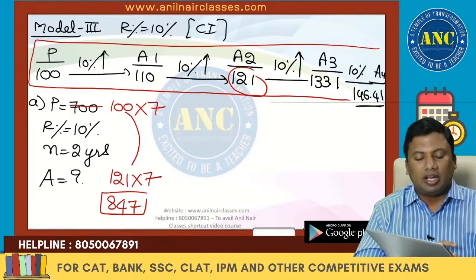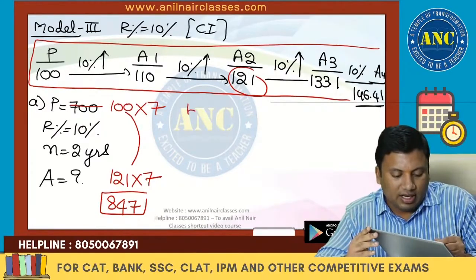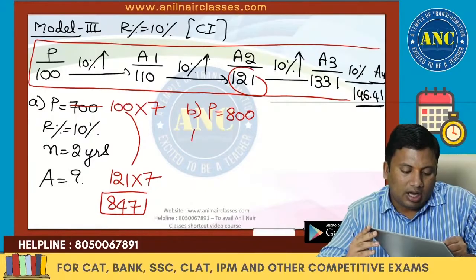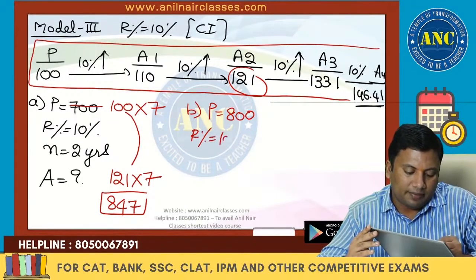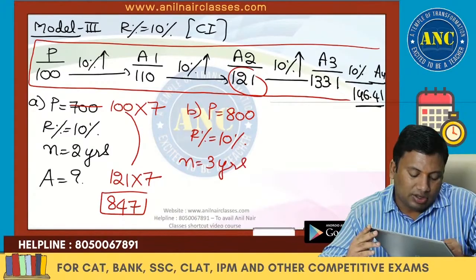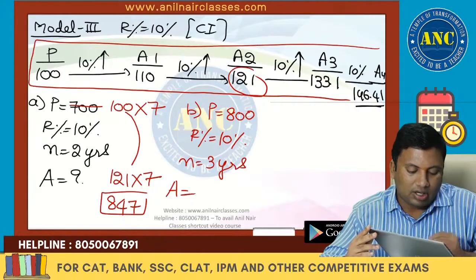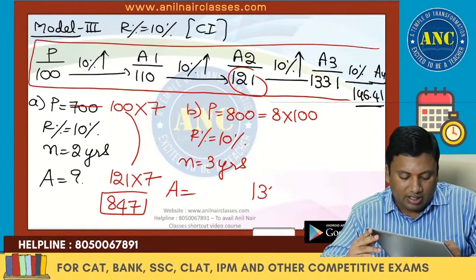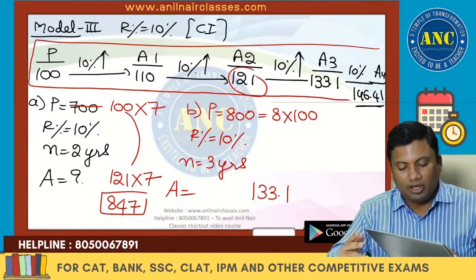Second one, if P is 800, R is 10 percent, N is 3 years, the amount is how much? 800 is nothing but 8 times 100. 100 for 3 years is 133.1.